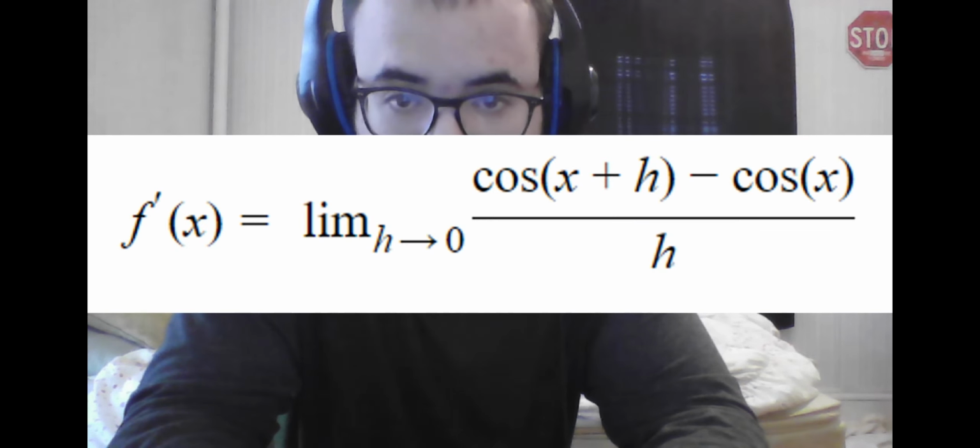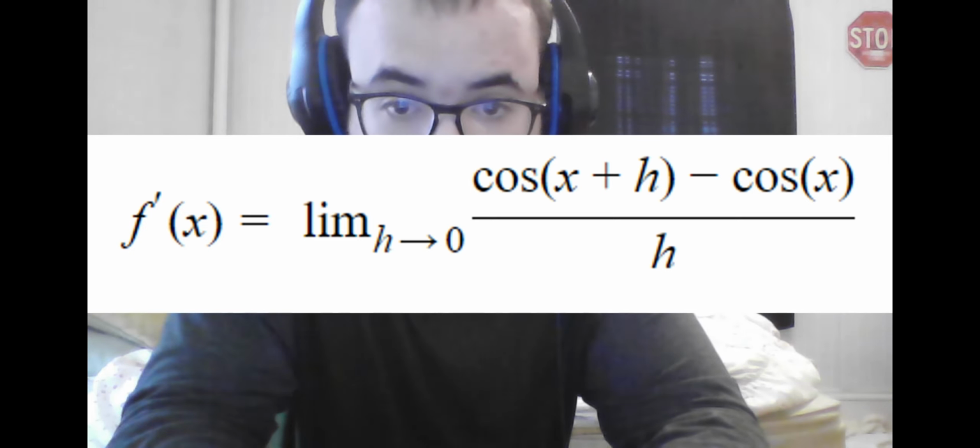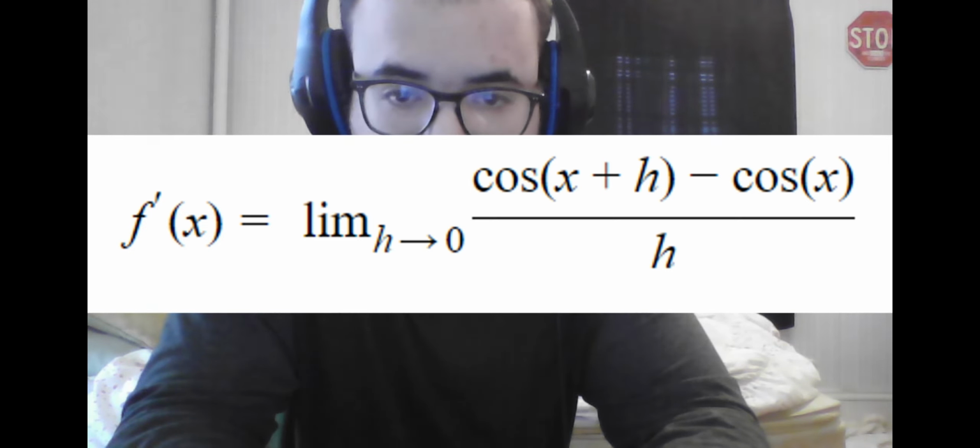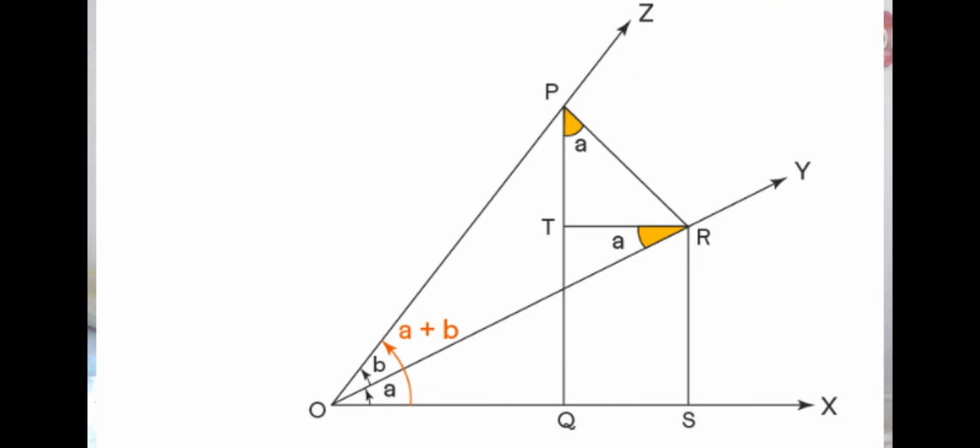To prove the derivative of cosine of x, we would use another trig formula, but this time the cosine of a plus b instead of the sine. We see the cosine of a plus b is the ratio of these two sides, which is the difference between a larger leg and a smaller leg, so we break it up like so. See, the length from b to d is congruent and therefore equal to the length from a to c.